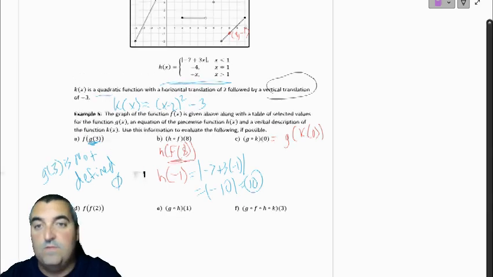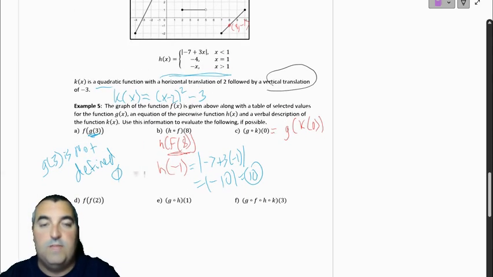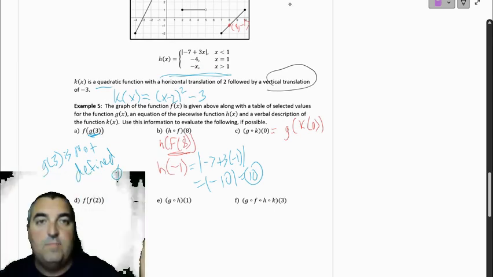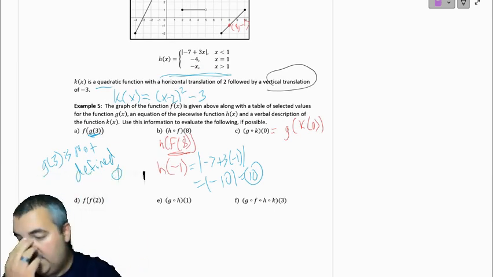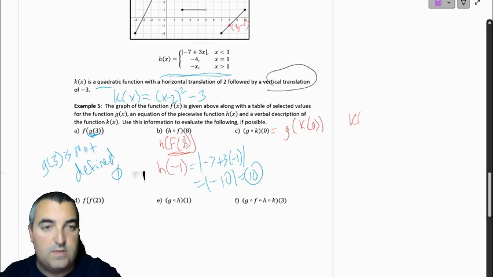So here, k of 0. Well, k was this one that we wrote the equation of, so we're going to substitute 0 in to figure out k of 0. I'll do a little scratch work on the side. k of 0 would be 0 minus 2 squared minus 3.